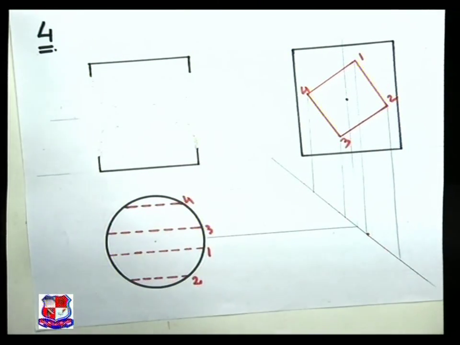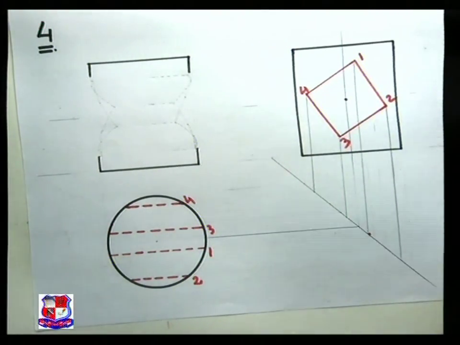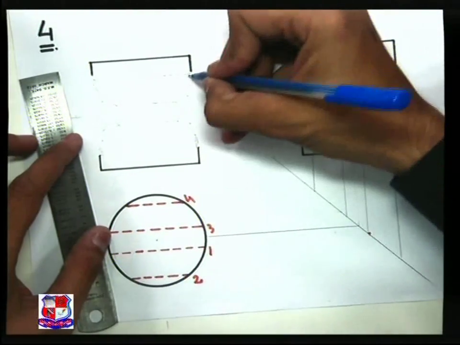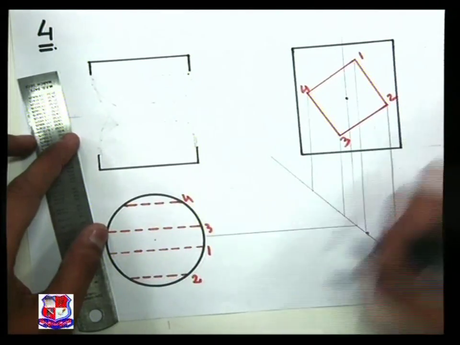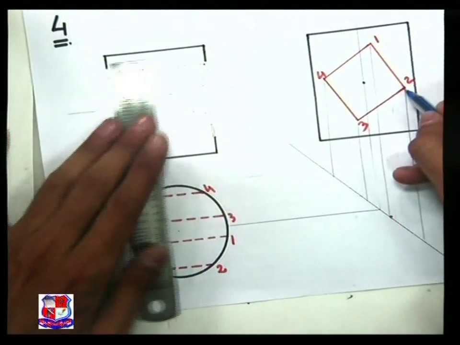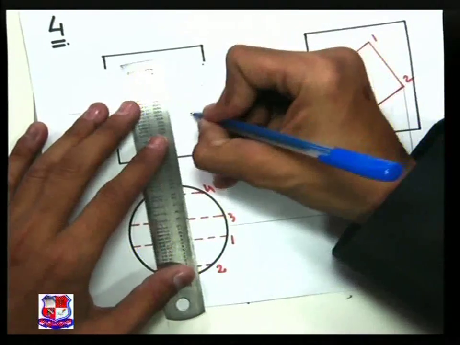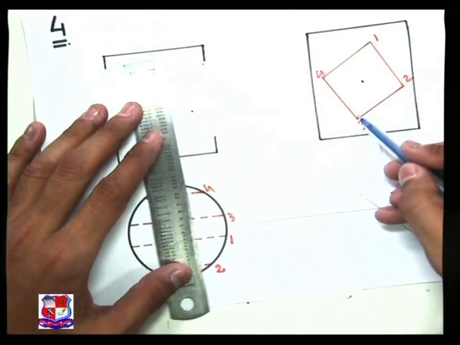Now how would it appear in front view? For that again we take projections from each point: one horizontal line, one vertical line. One point would be here. From 2, horizontal line, and from this 2 vertical line, that point would be here. So this is point number 1, this is point number 2, and point number 3 is here.